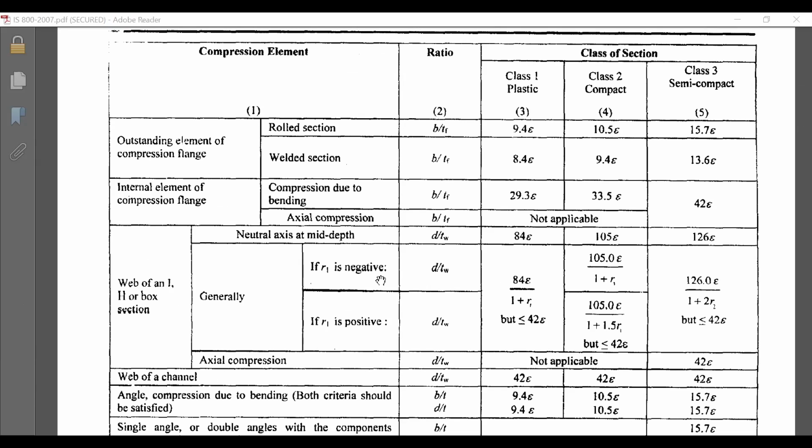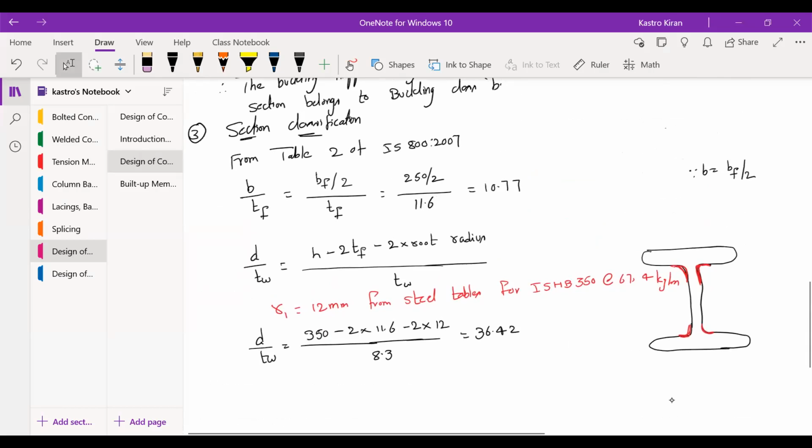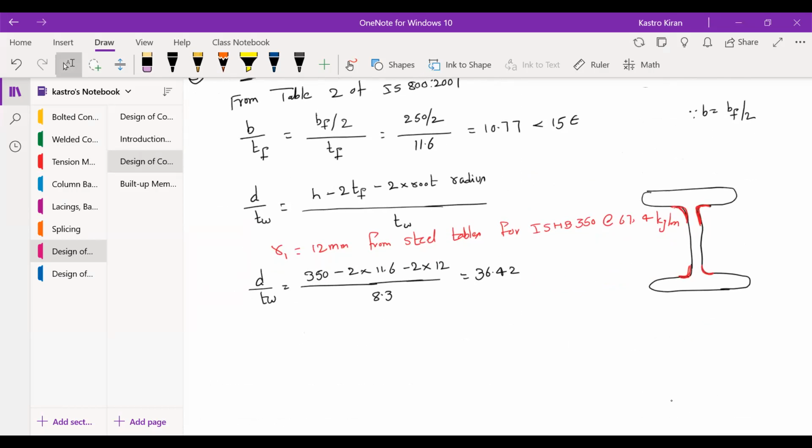Okay, so let's write that one. Therefore, b by tf is less than 15 times epsilon and d by tw is less than 42 epsilon, where epsilon equals under root 250 by fy, where fy is 250 again, which will be under root 1.